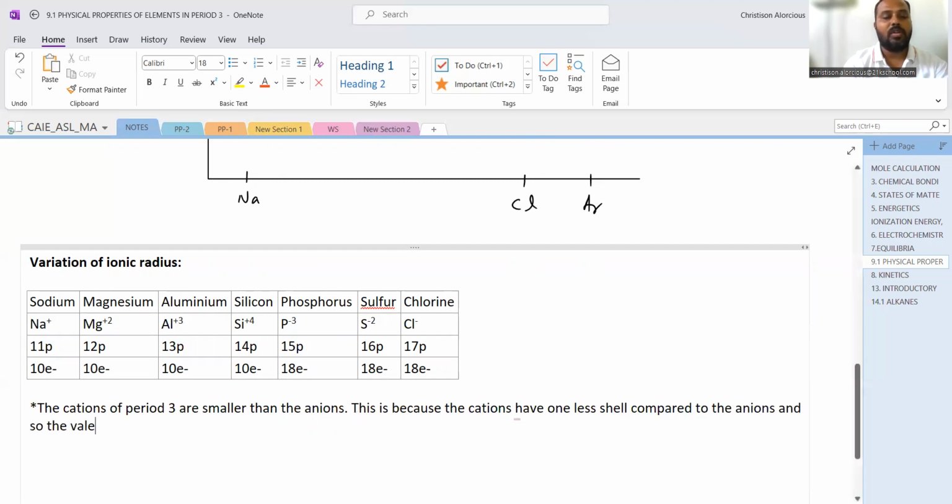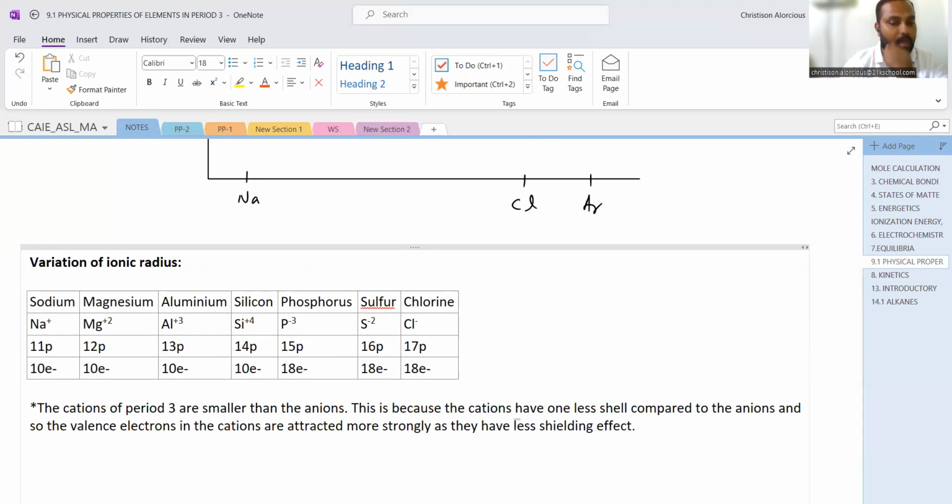And so the valence electrons in the cations are attracted most strongly, as they have less shielding effect. So it's not just about the valence shell being closer to the nucleus, but there is also the added factor of the shielding effect coming into play.